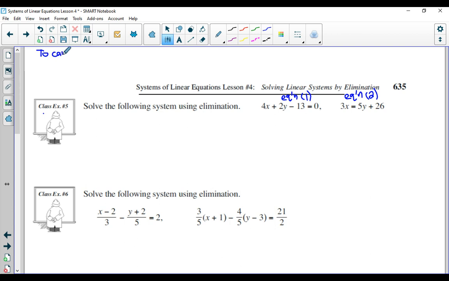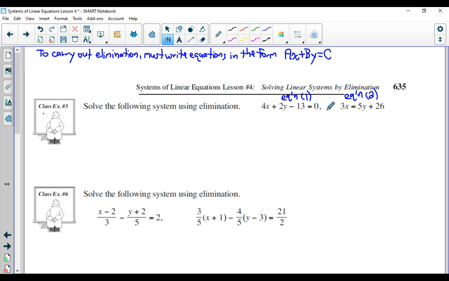To carry out elimination, you must write the equations in the form where you want the variables on the same side, so we want to have ax plus by, and you want the constant on the other side.